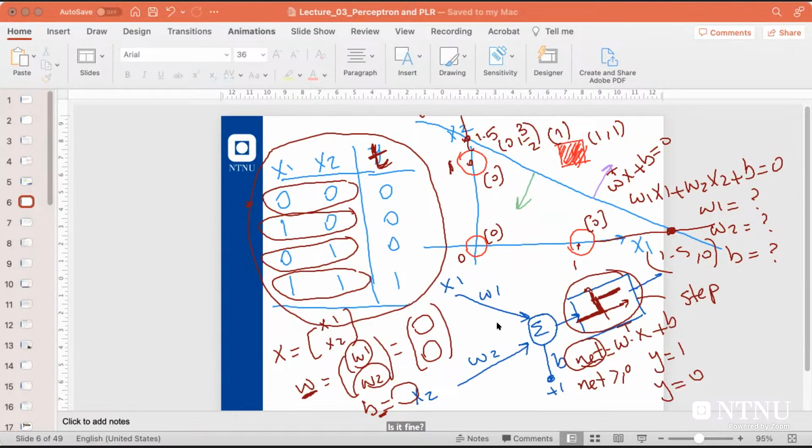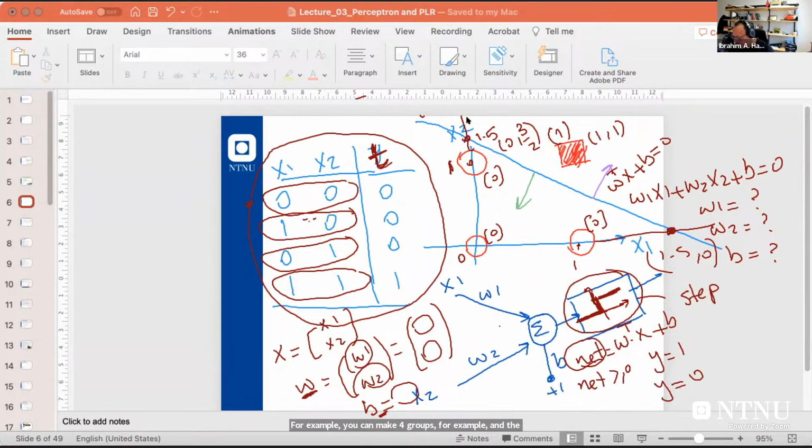Sure. So people can work together. So participants can select maybe. For example, you can make 4 groups, and people can select automatically. I didn't use this before. So should I make it by myself?